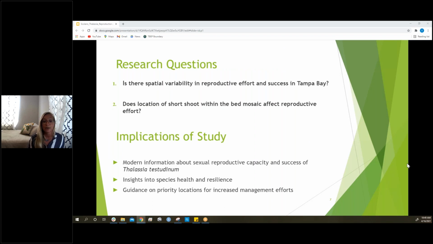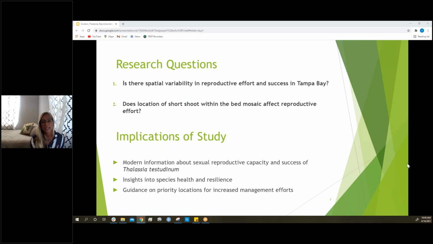So for my study, I wanted to answer two main questions. The first, is there spatial variability of reproductive effort and success in Tampa Bay? And then second, does the location of the short shoot or the plant itself within a bed affect the reproductive effort?